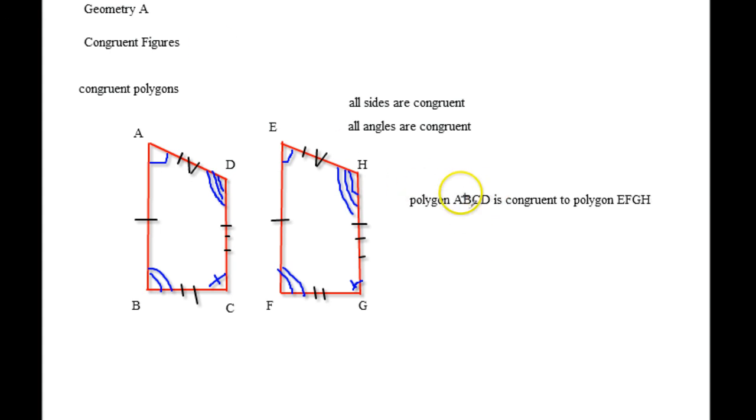So for example, A would line up with E, B would line up with F, C would line up with G, and D would line up with H.